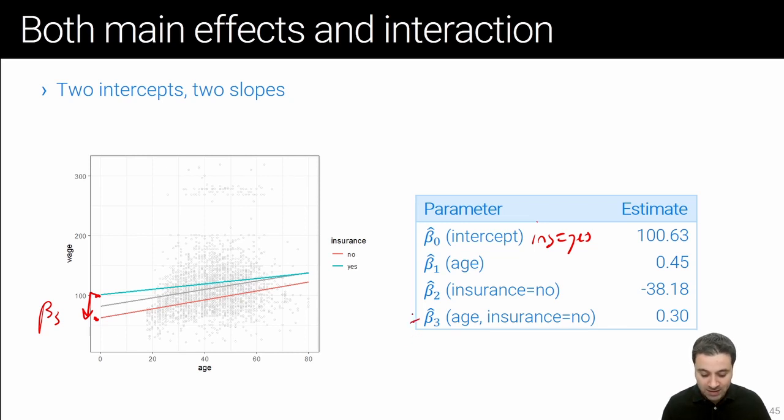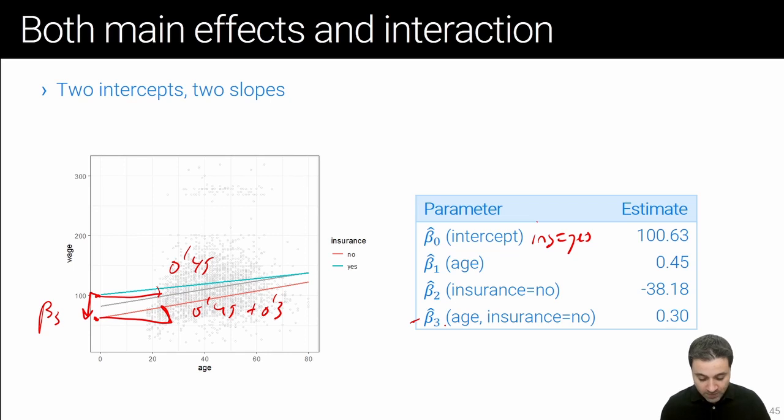So what this is saying is that the slope of the blue line over here is 0.45. And the slope for the red line would be 0.45 plus 0.3. The combined slope for the group no is beta 1 plus beta 3.